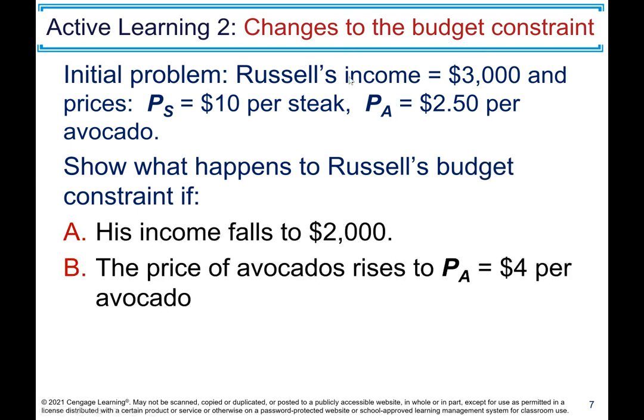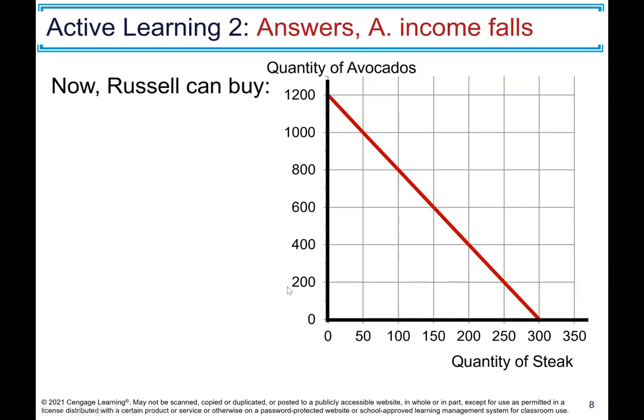Changes to the budget constraint. Initial problem: Russell's income was $3,000, the price of steak was $10 per steak, and the price of avocado was $2.50 per avocado. Show what happens to Russell's budget constraint if A, his income falls to $2,000, or B, the price of avocados rises to $4 per avocado.